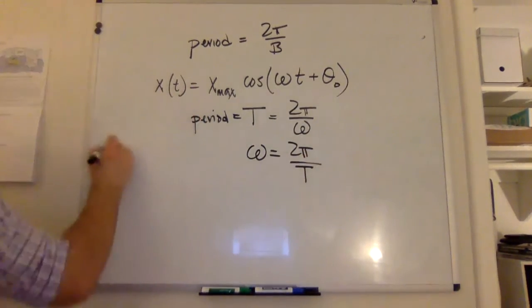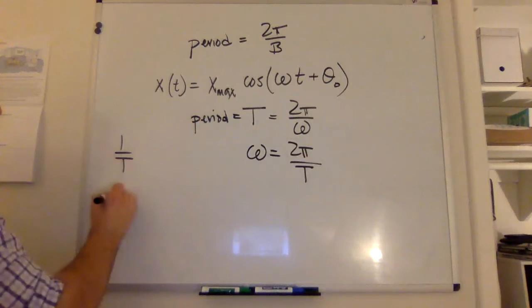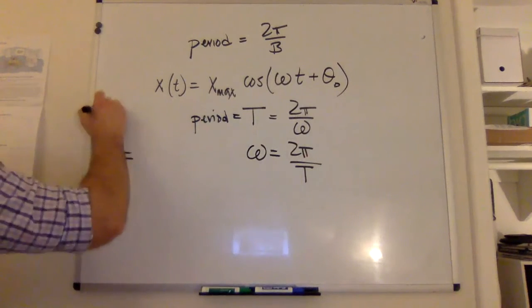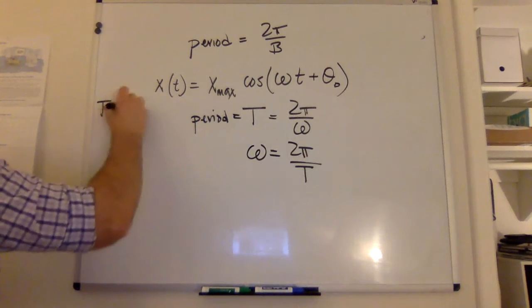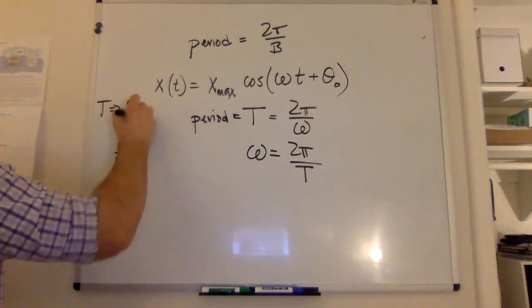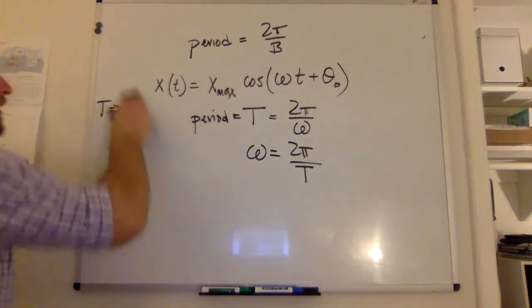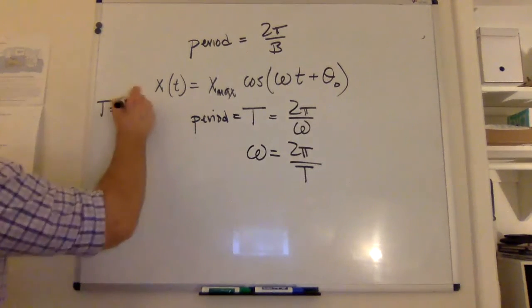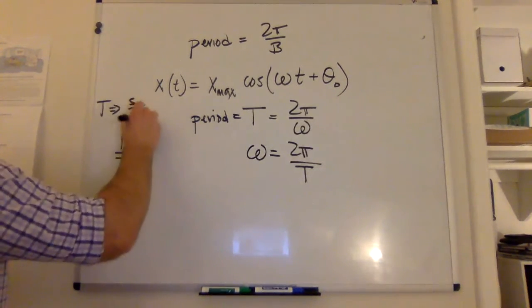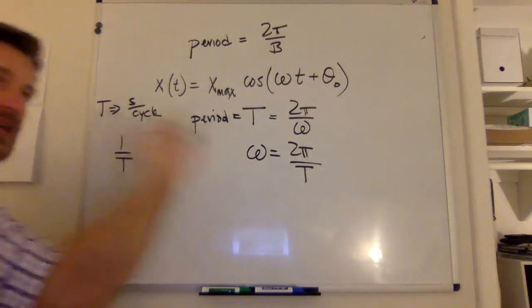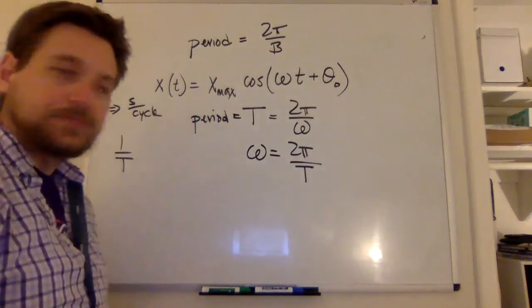Now, 1 over the period of a thing, a period is cycles per second. Oh no, I'm sorry, I got that backwards. The period is seconds per cycle.